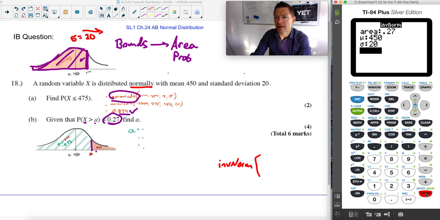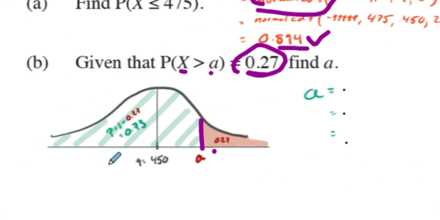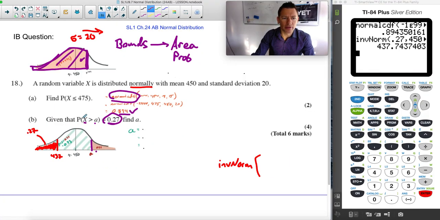If you plug that in like that, it gives you 437, which is below 450. What it's done is added up the area from 0 up to this limit, and this is 0.27. And that's not what we want, right?